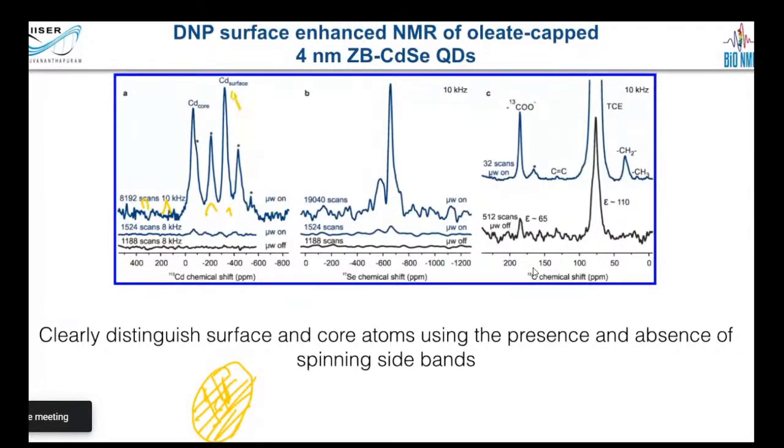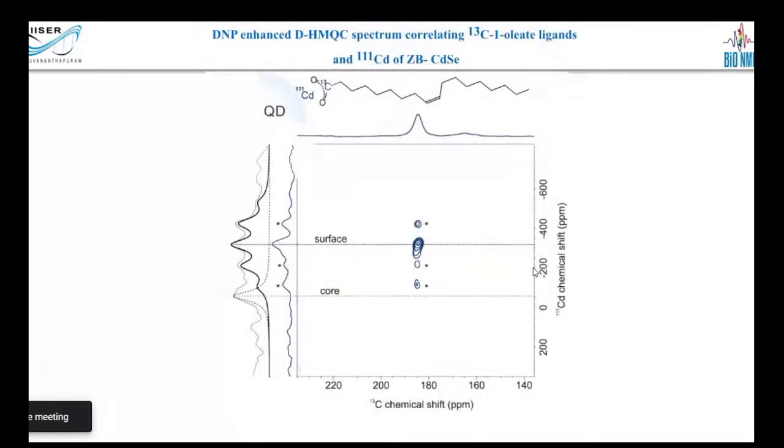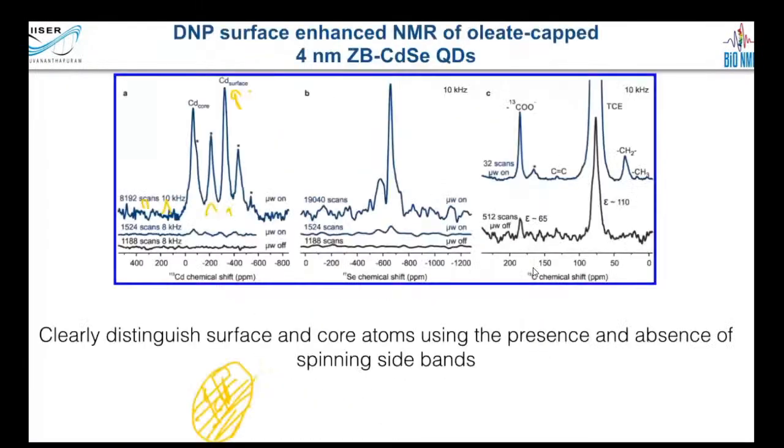While cadmium on a surface, here for example, there is no cadmium outside, but inside there will be cadmium, right? So that means there is anisotropy, and that anisotropy will exist like a sideband that comes out of the cadmium solid state NMR.